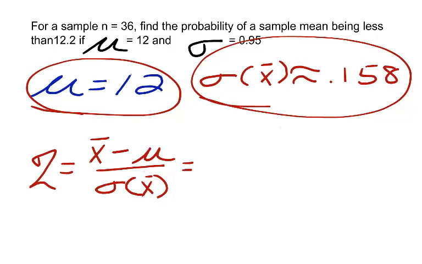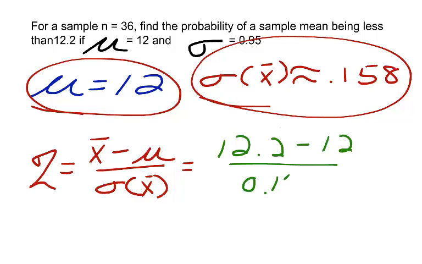Plugging in our values, it's going to look like this. 12.2 minus 12 divided by 0.158. This gives me a z-score of approximately 1.27. In other words, 1.27 standard deviations above the mean.